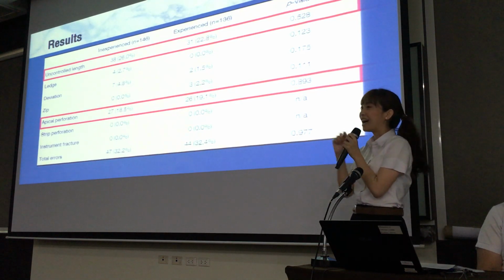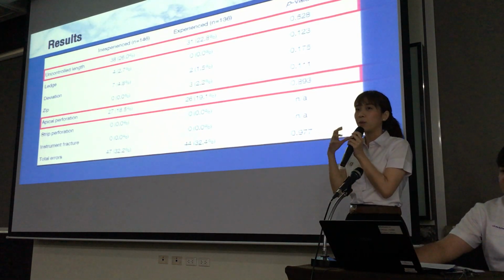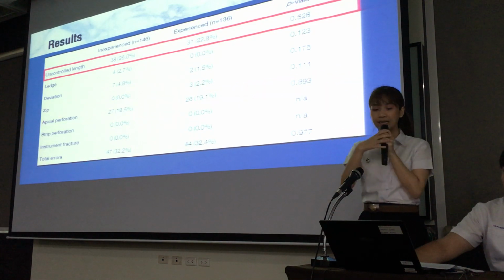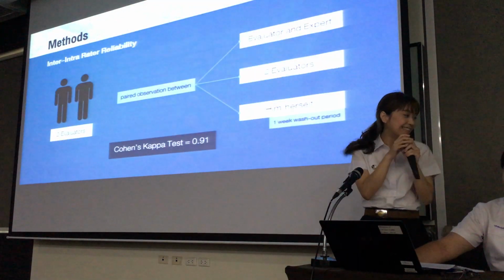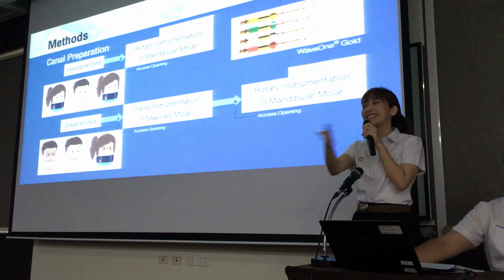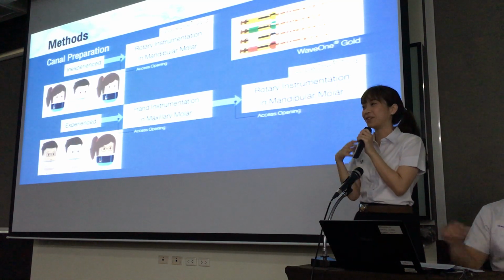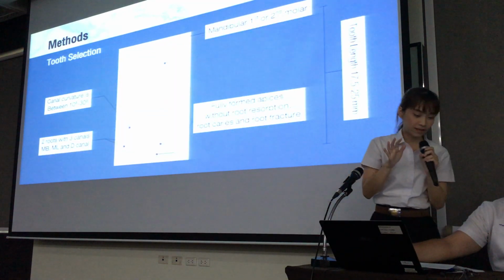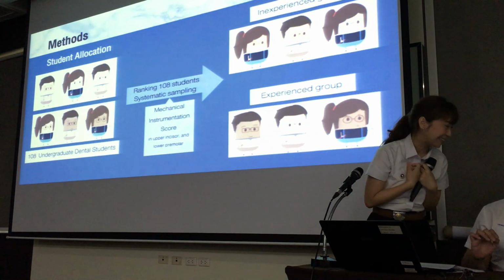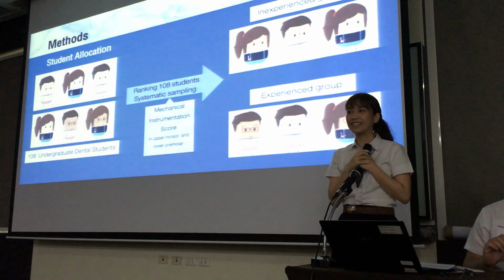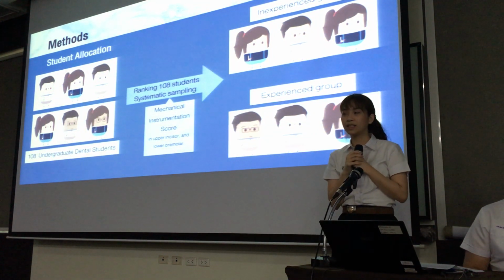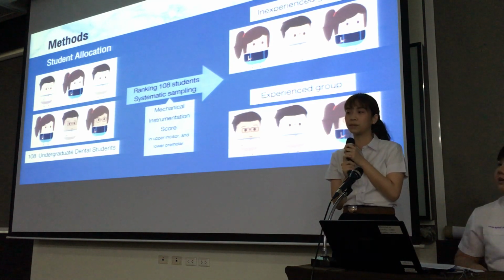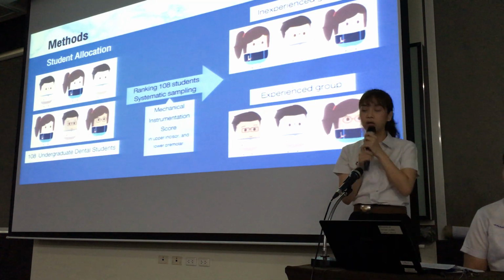And for how they use the rotary nickel-titanium files, the teachers in the laboratory... You use the file exactly the same? I mean, for example, maybe someone uses a short stroke, like this, and someone uses a long stroke, like this, when using the file.